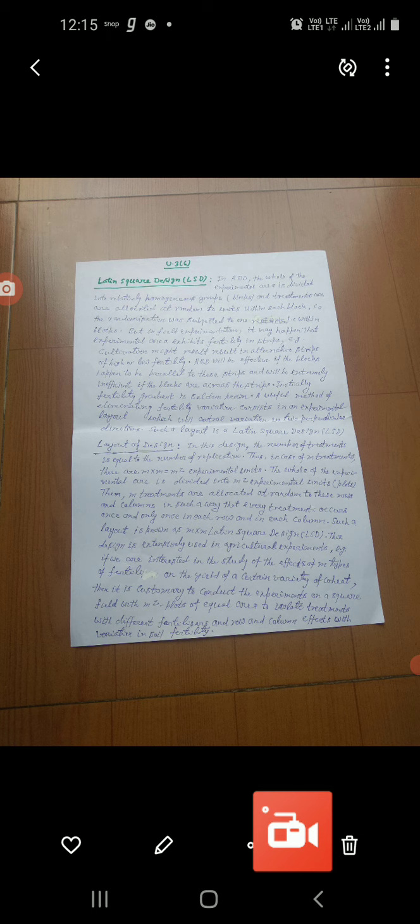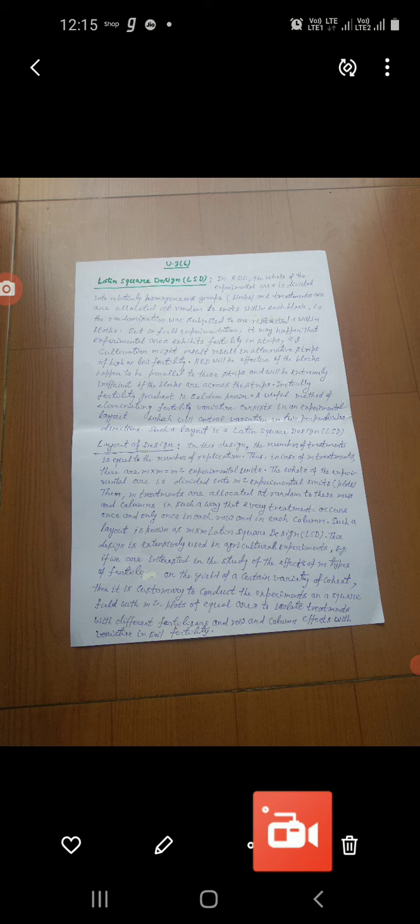The whole experimental area is divided into m square experimental units, that is plots, and then m treatments are allocated at random to these rows and columns in such a way that every treatment occurs once and only once in each row.